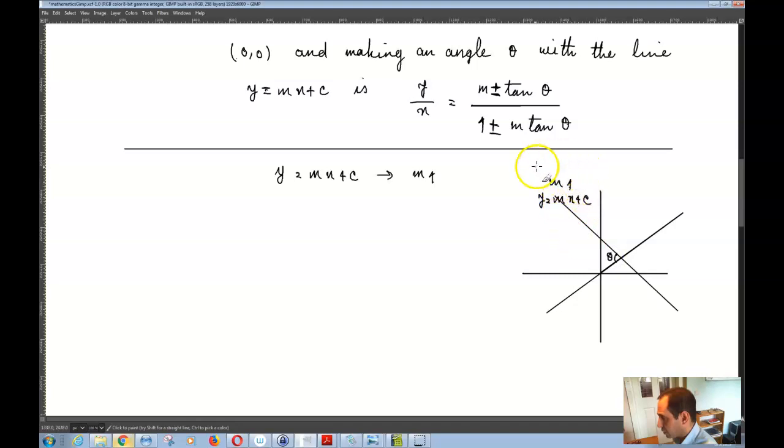If the slope of this line is m1, then the slope of the other is m2, and the relationship between all of these, as you know, is tan of theta is equal to the absolute value of m2 minus m1 over 1 plus m1 m2.